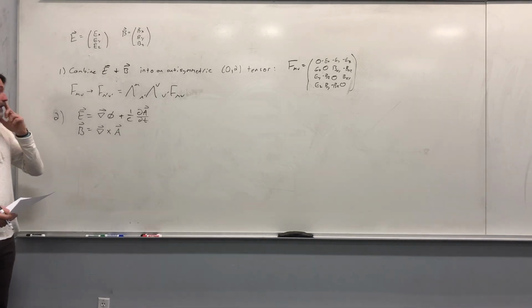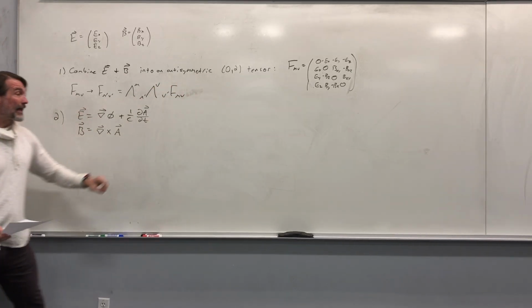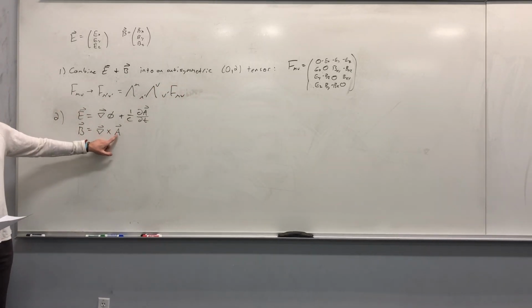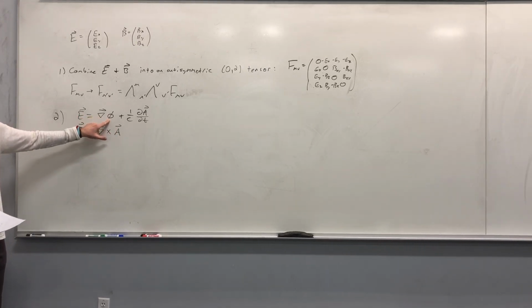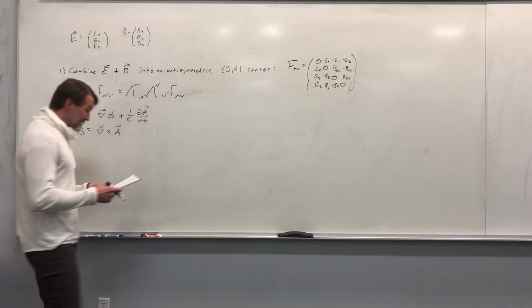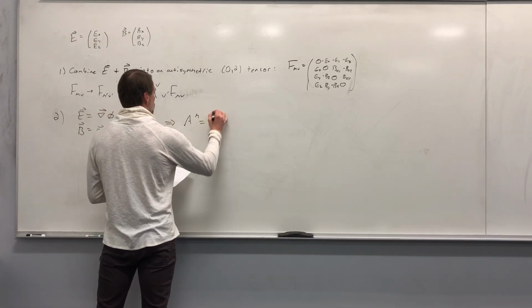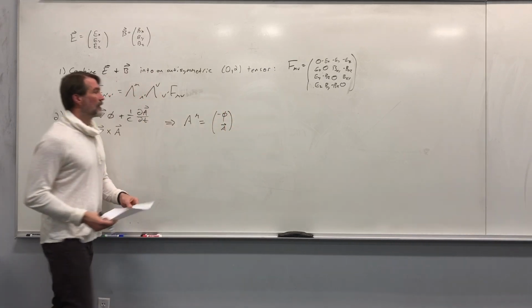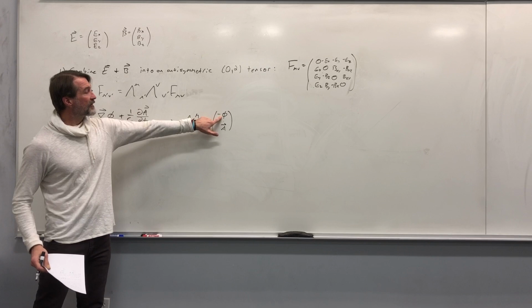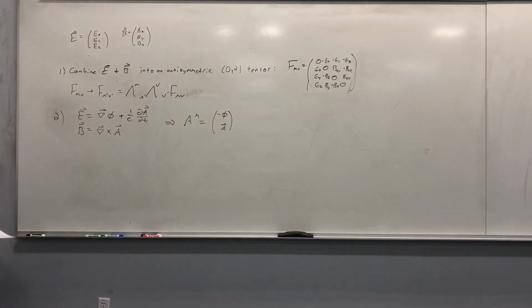All right, so E and B don't get promoted to vectors. They instead get combined into that.